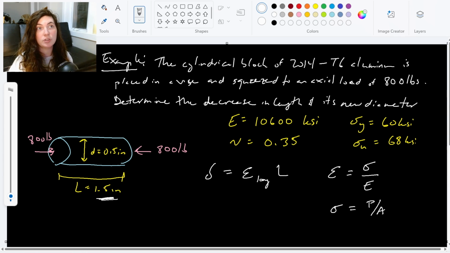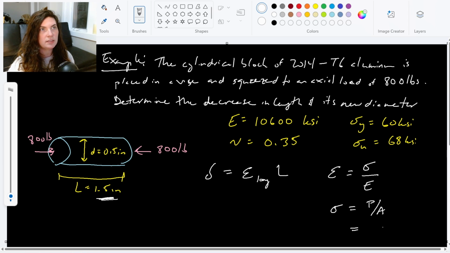Again, I have both of those, so I can calculate everything back through these equations. So if I calculate my stress, then I can get my strain, then I can come back here and get that displacement. All of these different aspects that we've learned in our stress-strain diagrams, these relationships, will help us backtrack through and relate things to each other, even if they don't quite seem related at first.